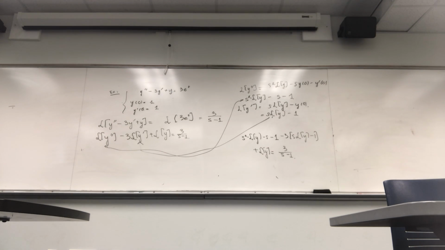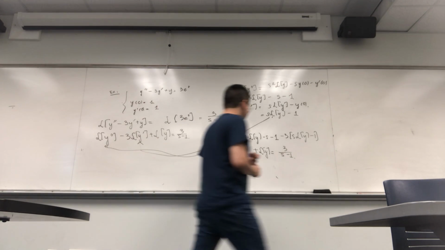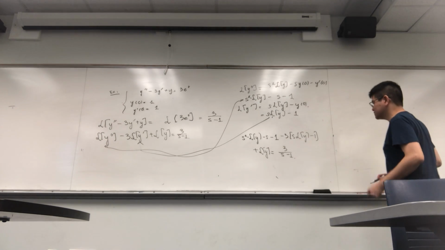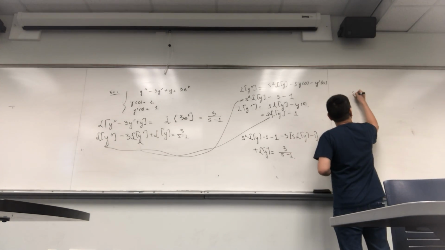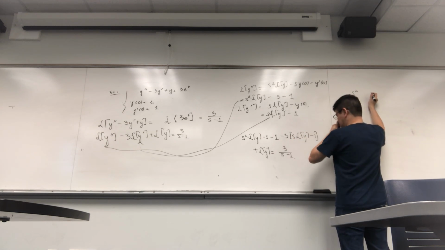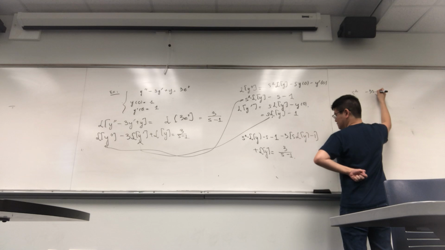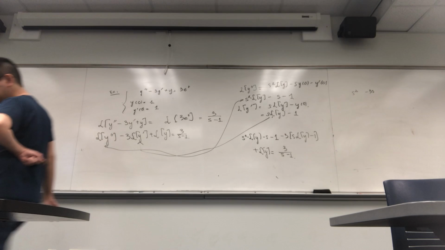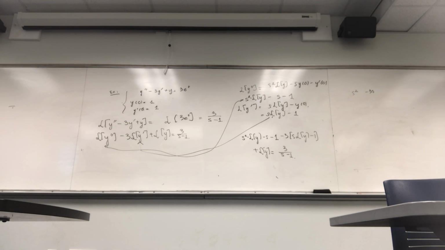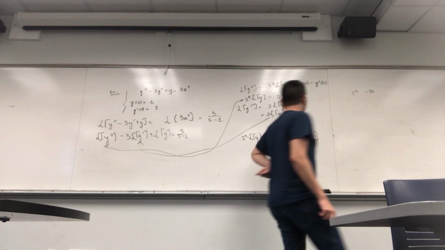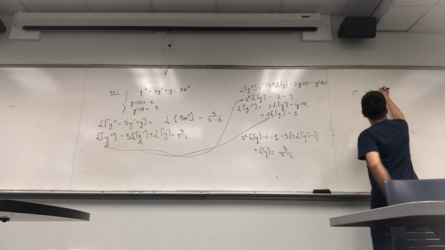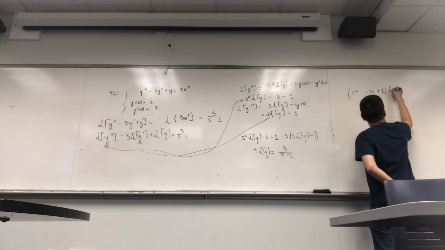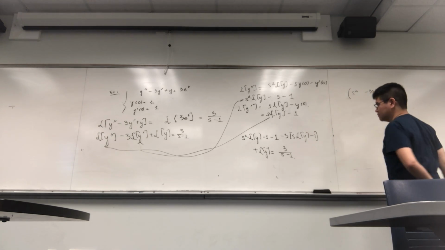What is the next step? Factor the Laplace transform of y and then move the other terms to the other side. So now I'm going to factorize the Laplace transform of y, right? So this gives me s squared, minus 3s, plus 1, Laplace transform of y. Right?